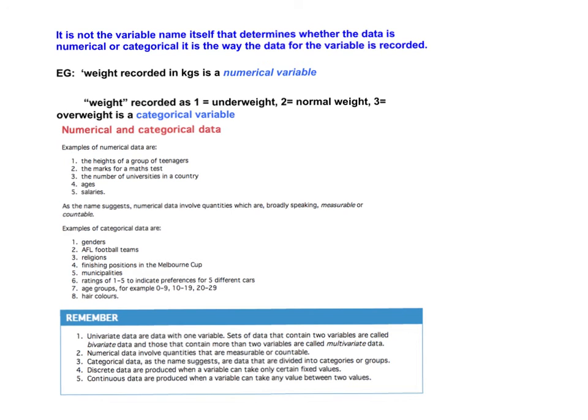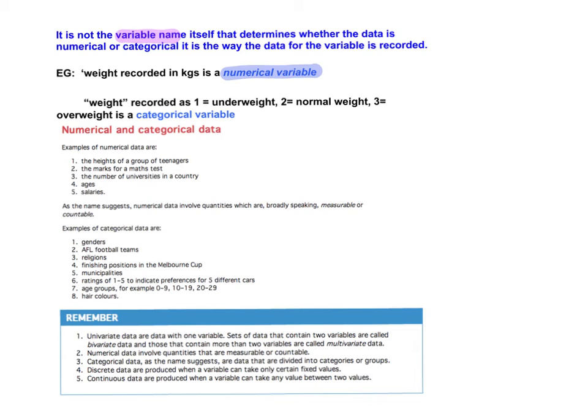Just looking at what we've just been saying: no, it is not the variable name. Be careful, it's not the name that determines whether the data is numerical or categorical. It is what you're recording or how it's recorded. Weight recorded in kilograms is numerical data.